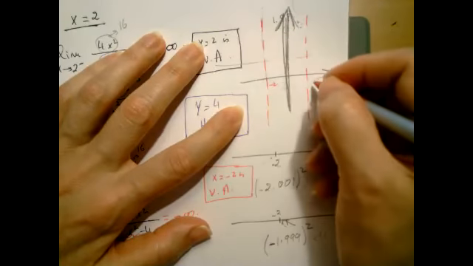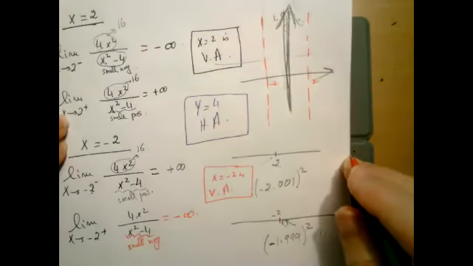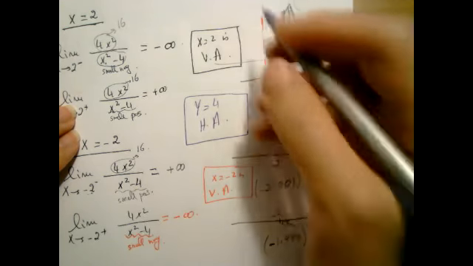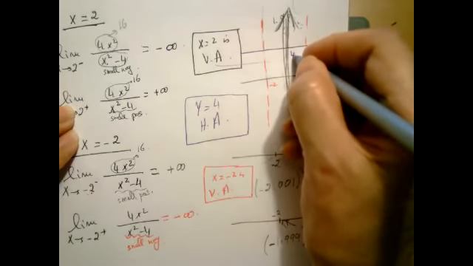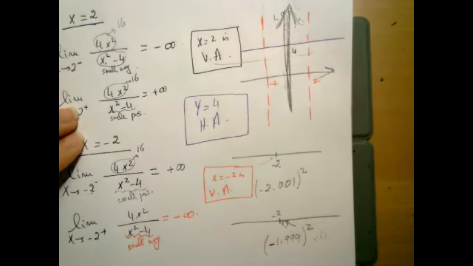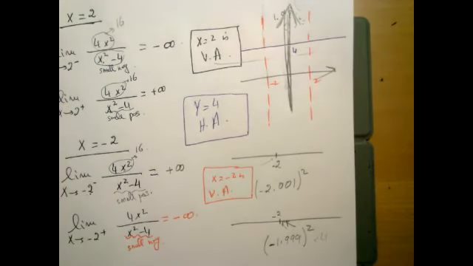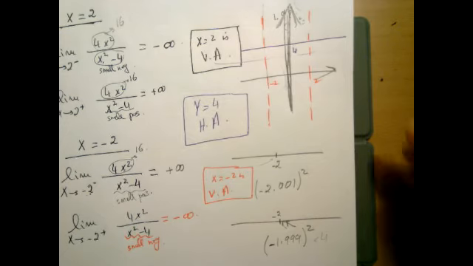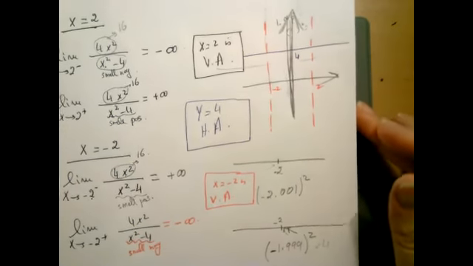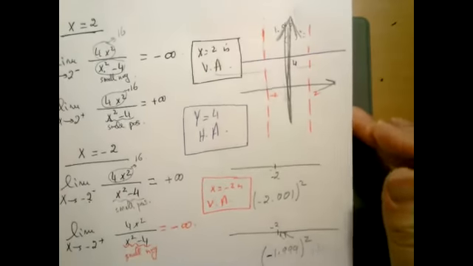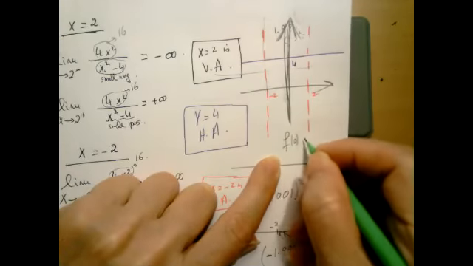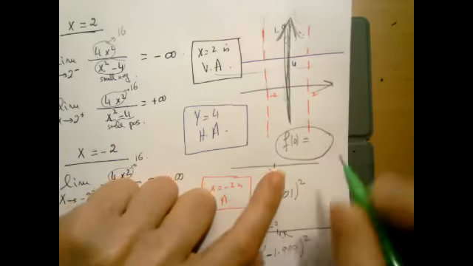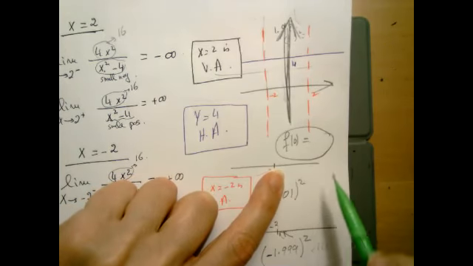Those are my asymptotes. Good. y equal to 4 is my horizontal one. And now a rough sketch. We're not doing a perfect one, but we're doing a rough sketch. Usually I like to pick a value of the function to have a good idea. So I would like to know, what does the function do at 0? Just to start building an idea. What's the value of the function at 0?